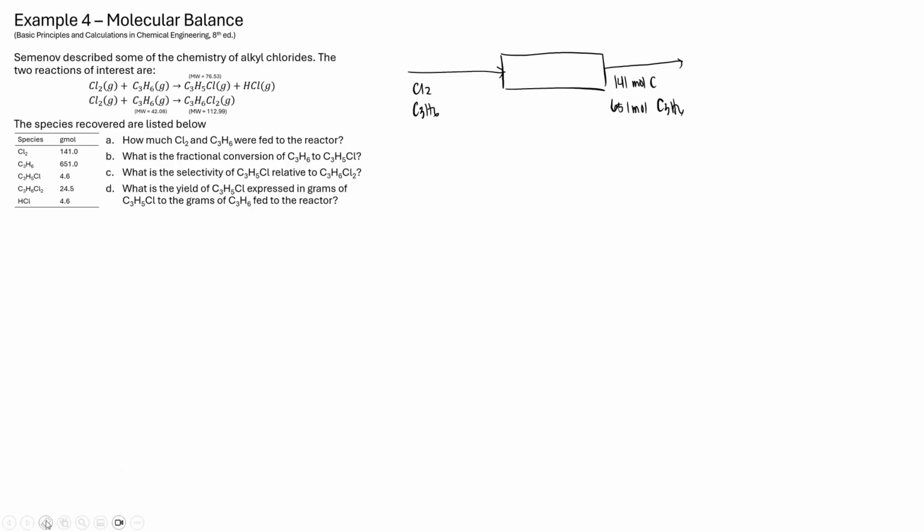So what's entering here is Cl2 and C3H6. Going out is 141 gram mole C3H6, 651 moles of Cl2, this is Cl2, the one on top. 4.6 moles of C3H5Cl, 24.5 moles of C3H6Cl2, and 4.6 moles HCl. Okay. So basis, of course, given data.